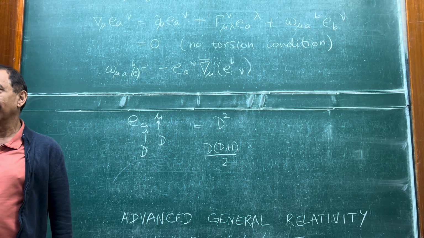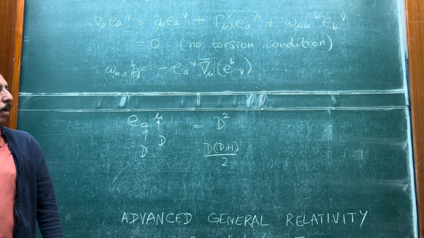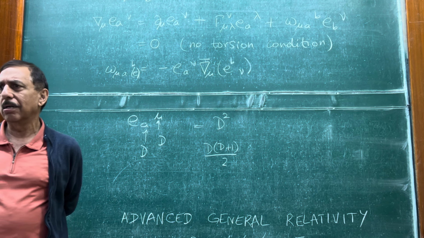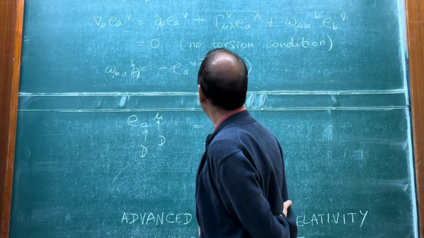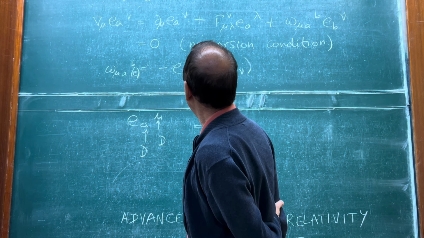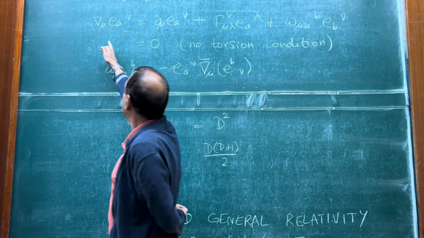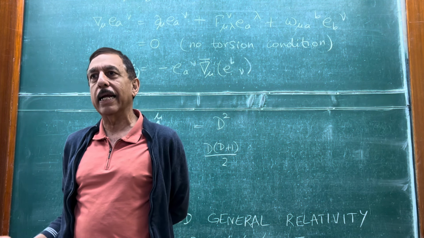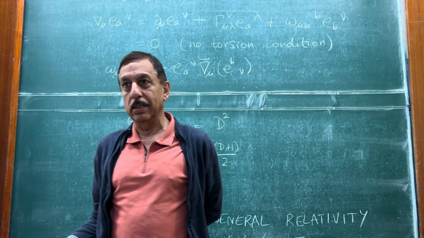Is this restricting too much? This no torsion condition? No, I don't think so. I made that comment yesterday: if this was not zero, it would still be a tensor with two spacetime and one Lorentz index. It transforms as a tensor. So I could give that tensor a name.